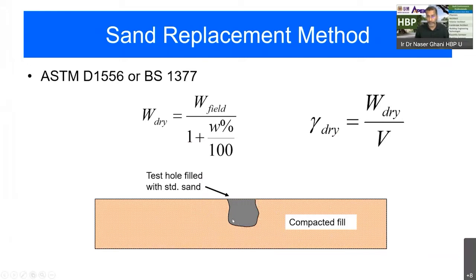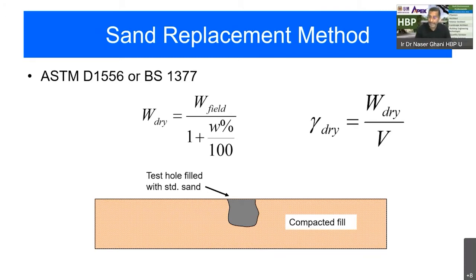We remove some soil and it will create a hole. So in the sand replacement method, according to ASTM 1556 or BS 1377 or Malaysian Standard 1056, once we have removed this soil, we will fill up this hole with sand. This sand is not an ordinary sand. It is a standard sand.